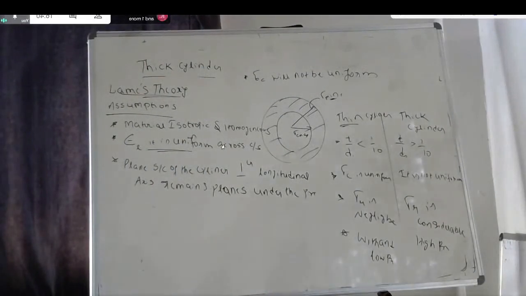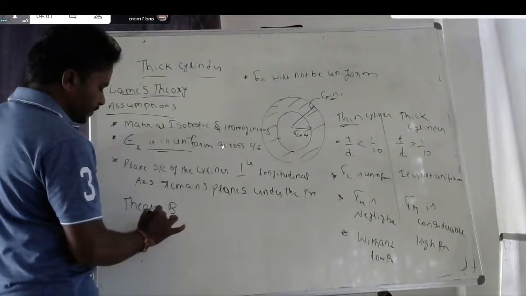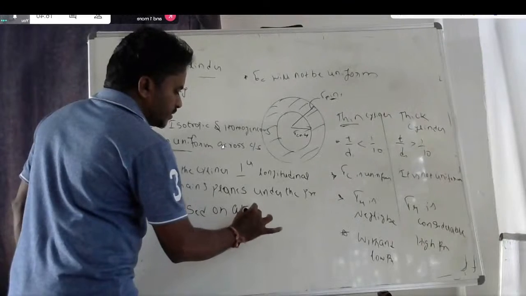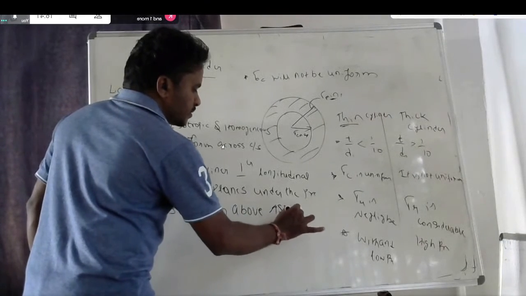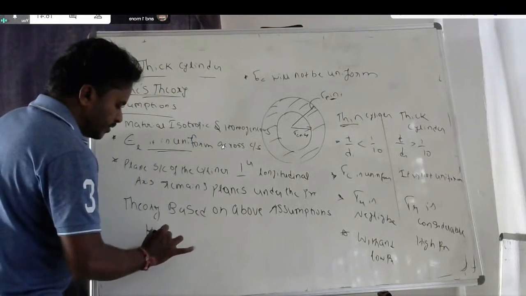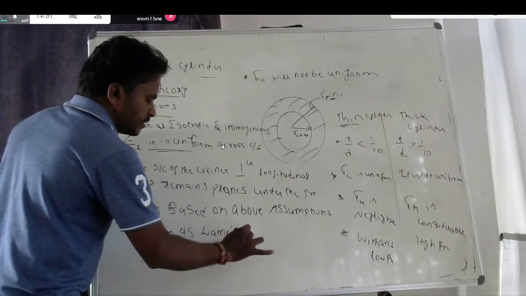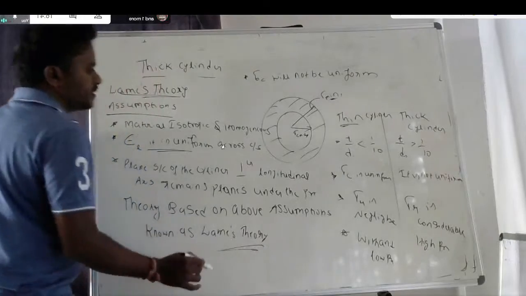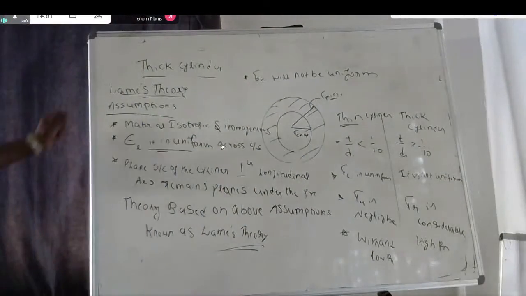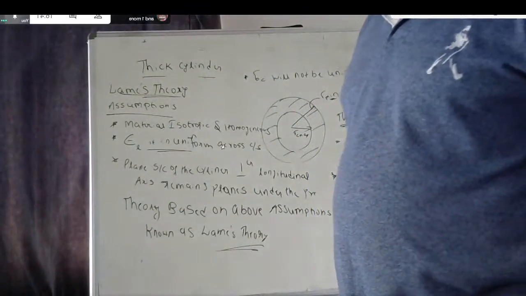The theory based on the above assumptions is known as Lame's theory. Understood the assumptions? You must write them in the exam. Understood?